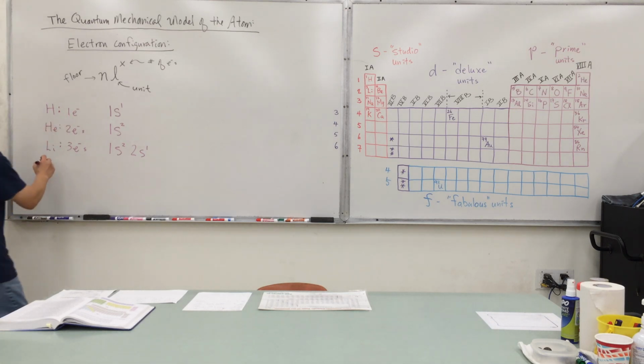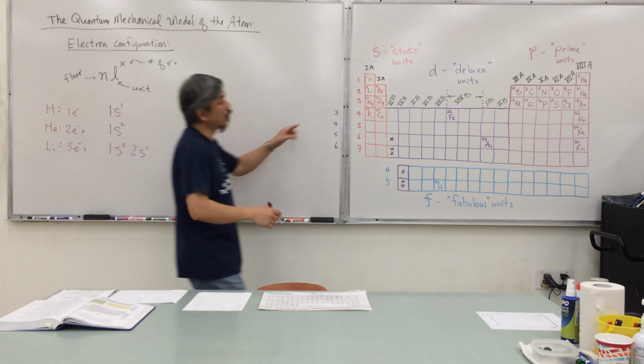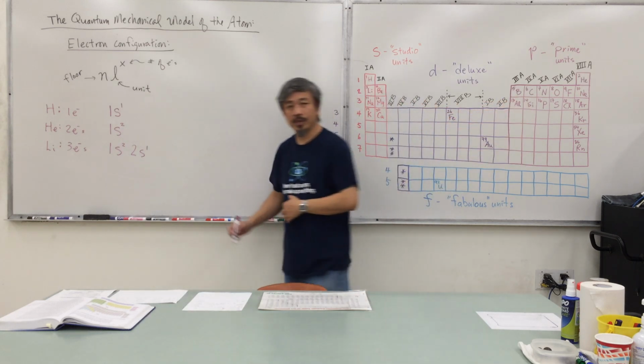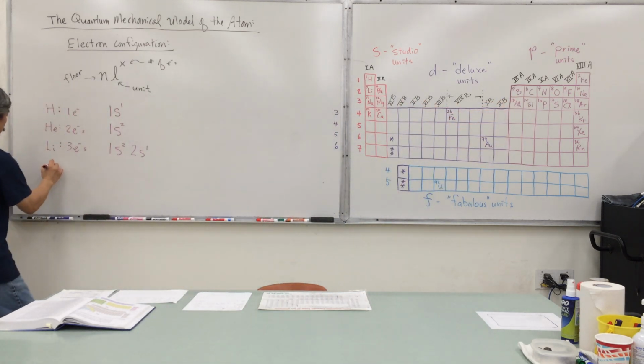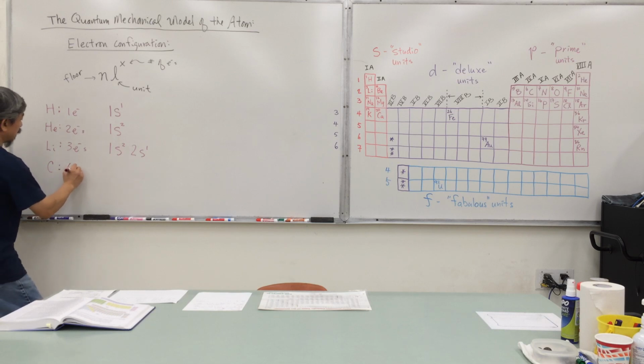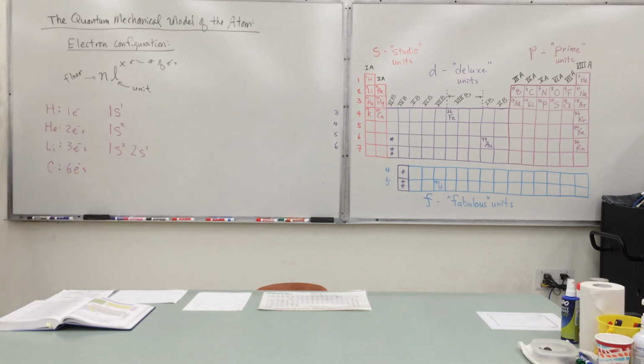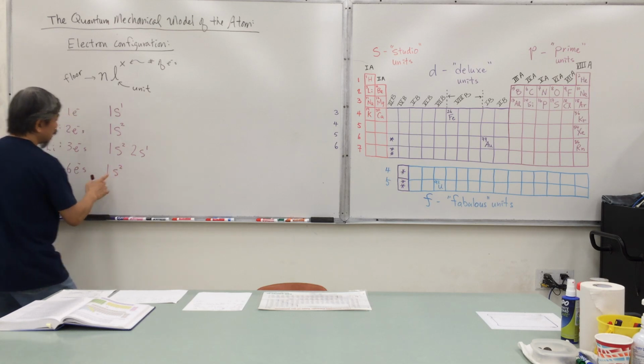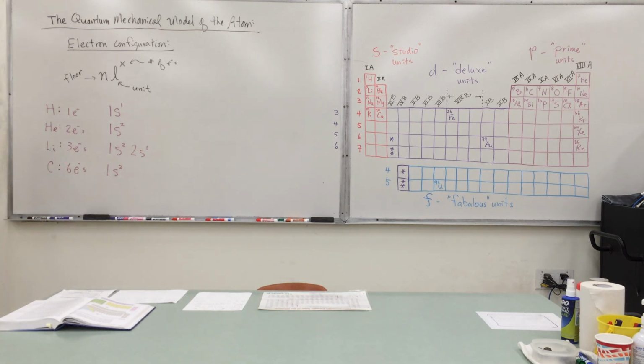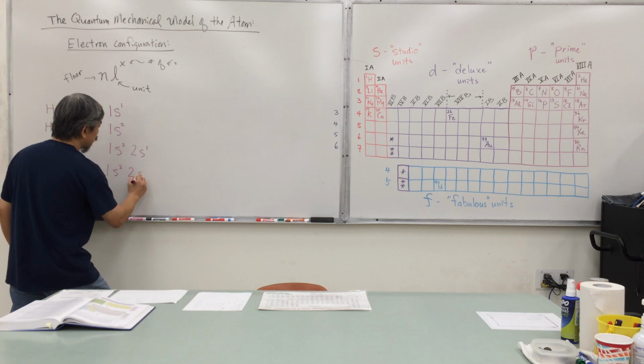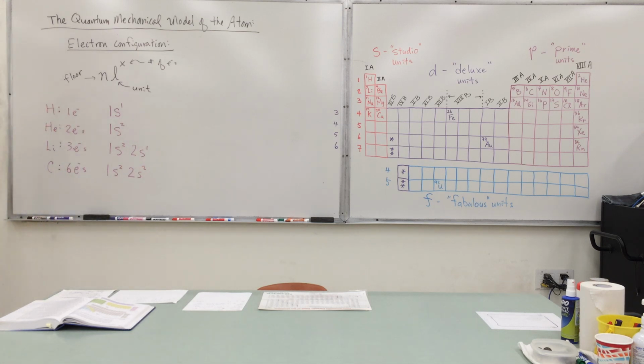And in the same way, if I look further down, let's go ahead and look at carbon, for example. Carbon will have 6 electrons. So where do I put these electrons? Well, I can put 2 in the 1s orbital. I can then put 2 in the 2s, but then that only accounts for 4 electrons.